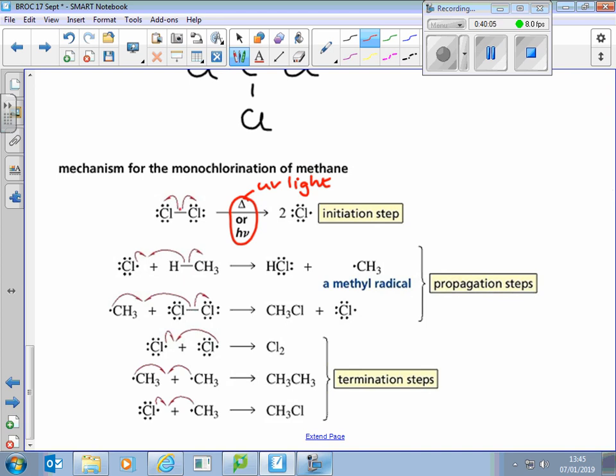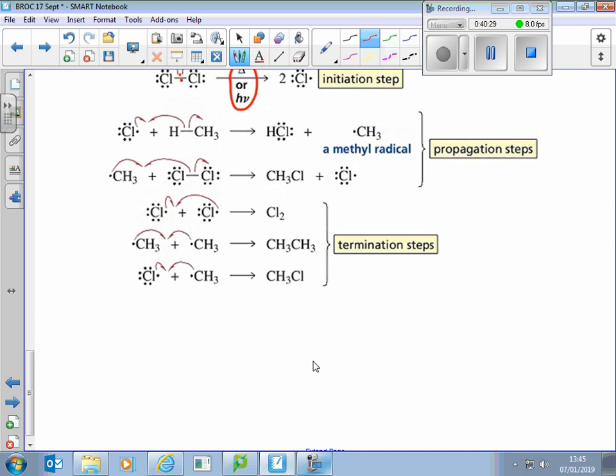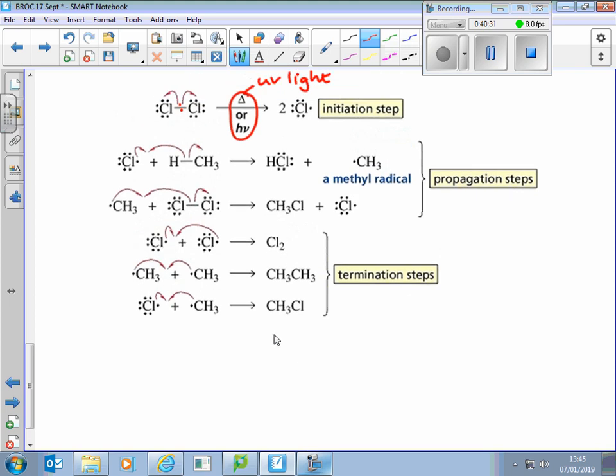You could put them in there, and those single electrons are being given to the two chlorines on each side, like when I drew the homolytic fission thing. So that produces our two chlorine radicals. That's the initiation step. The fish hooks there are like the ones that we had on the previous board, showing how you get the fission producing the two radicals.